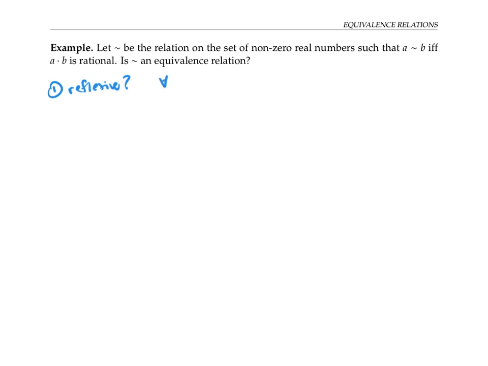Is it true that for all non-zero real numbers, A is related to A? What this means is, is it true that A squared is always rational? This is the same thing because A related to A means that A times A is rational, which is the same thing as A squared being rational.